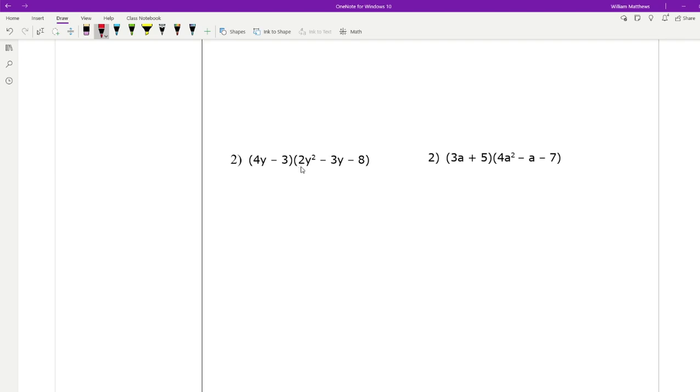Now, even if we extend it, and we have more than 2 terms, it follows the same steps. We take one expression's first term, and we distribute it to each of the terms. Multiplying the first terms gives us 8y to the power of 3, following our laws of exponents.